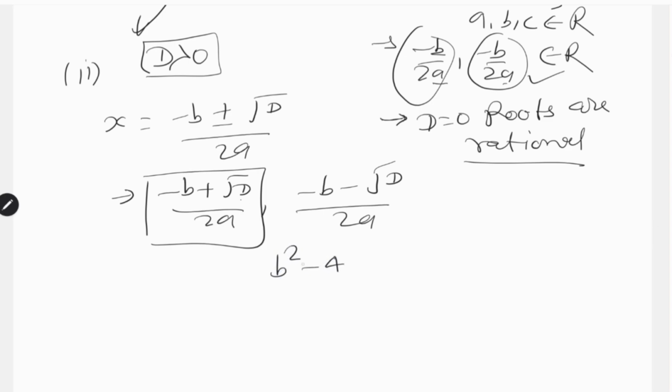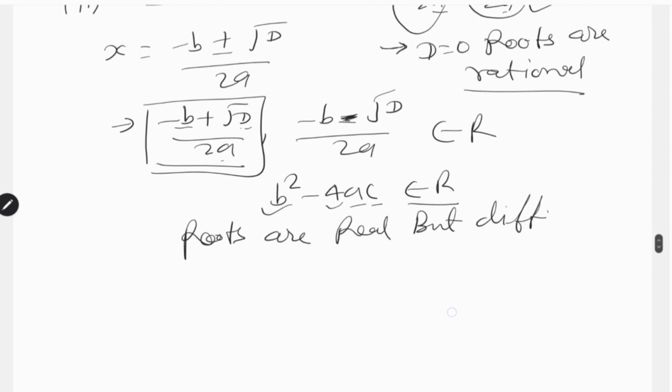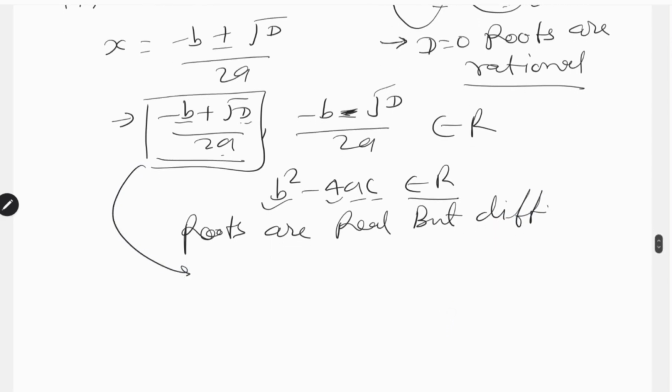D is equal to b² - 4ac. That is real, so all are real numbers. But one is positive √D and the other is negative √D, so the roots are real but different.